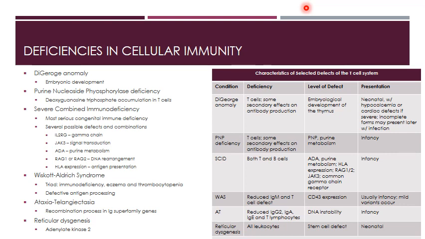or a gene that's missing, that is common to the gamma chain, and that's the first one listed here. The IL2RG gene is either abnormal or missing, and that gamma chain unfortunately is used in the production of several cytokines. It's used in the production of interleukin 2, 4, 7, 9, 15, and 21.